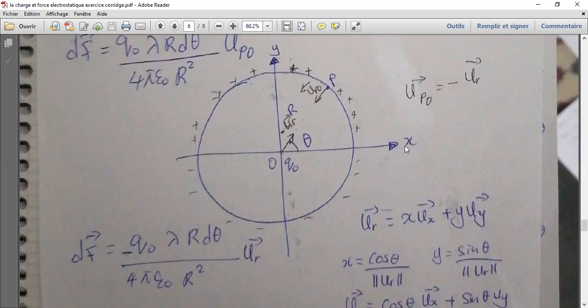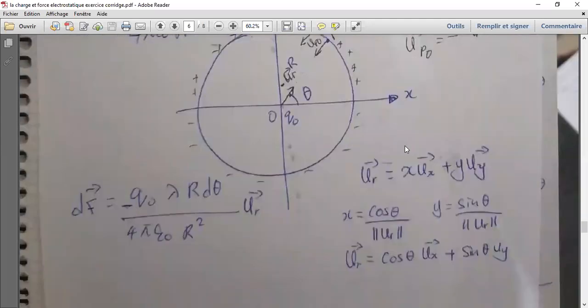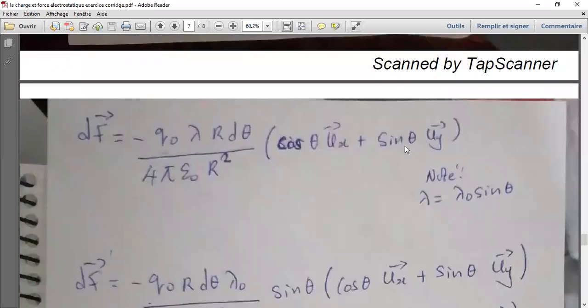So here I have to find a way of introducing my vector UX and vector UY. It's really important that you know which plane you are working in, is it X or Y? And if you know this plane, you have to try by all means to solve your problem in terms of the plane which you have been given. So that's what I was doing.